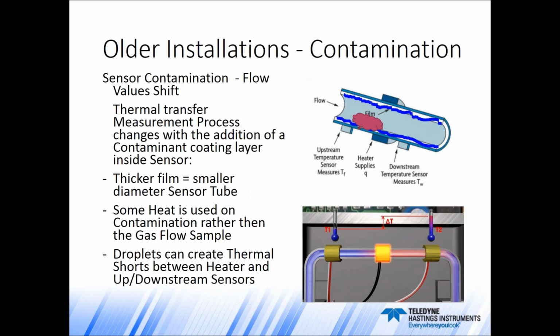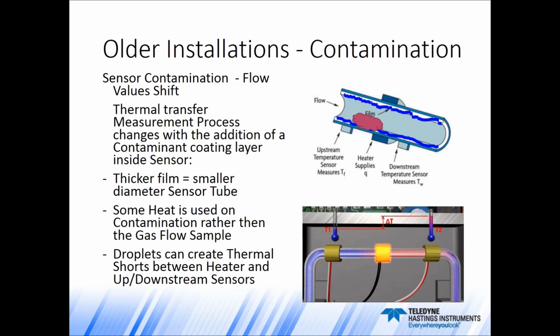The next slide talks a little bit about contamination and how it physically affects the functionality of the sensor of the flow controller. On the upper right side, we have a small section of the sensor tube. Also pictured are the elements intrinsic to the usage of the sensor.